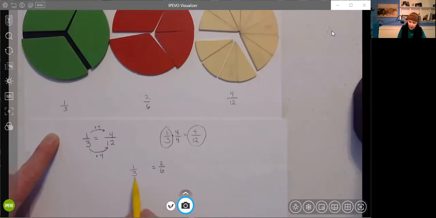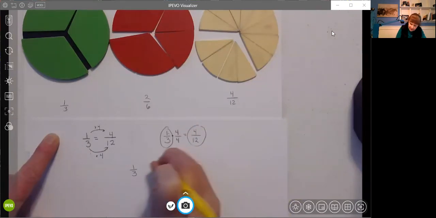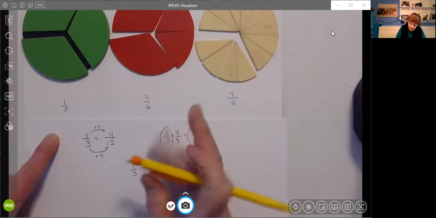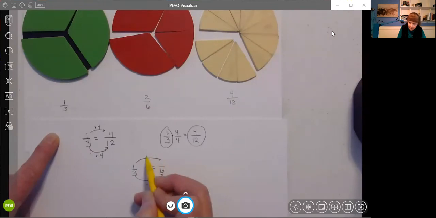All right, how do I go from here to here? If you're missing, they'll tell you the 6. We're missing this, we'll say. How do you go from here to here? Well, you multiply by the number 2, because you're multiplying by 2/2, which is the number 1.